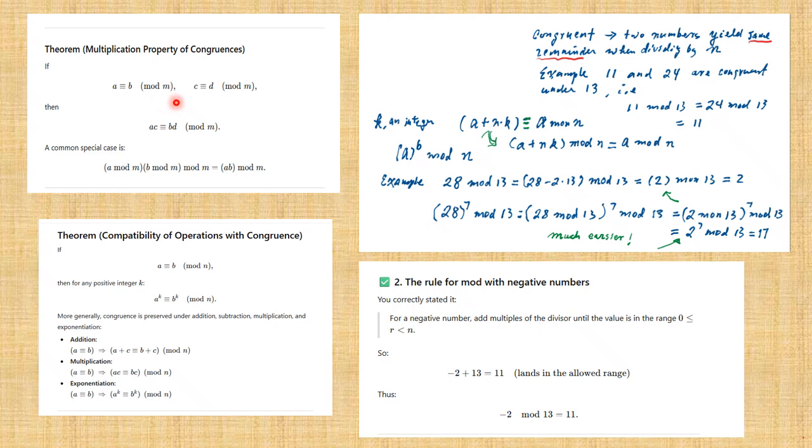Now, if you have another pair of numbers that are also congruent, you can easily show the multiplication property of congruence: A and C multiplied together and B and D multiplied together are still congruent. This is the property we're going to use, and from it we can easily prove the following lemma.